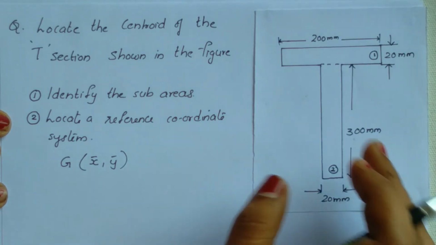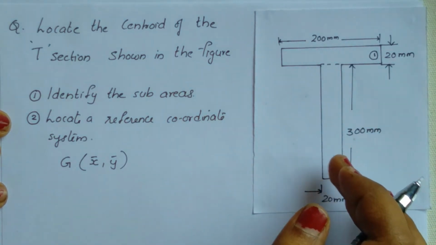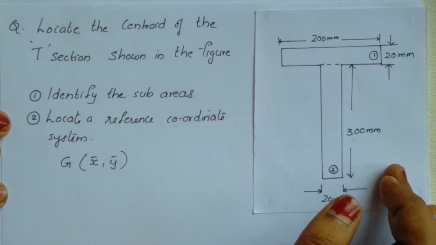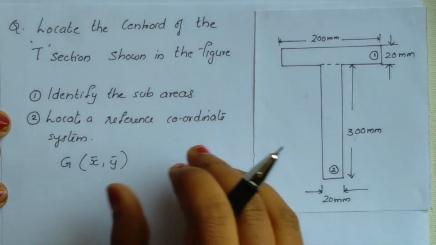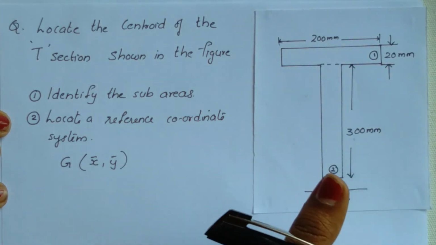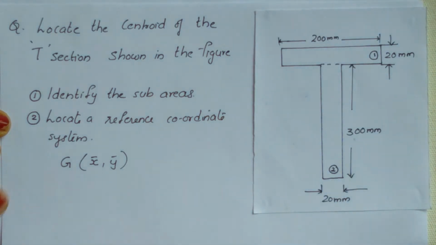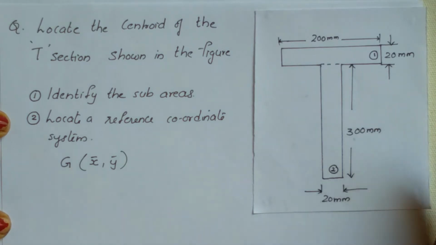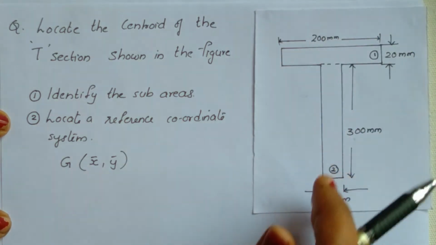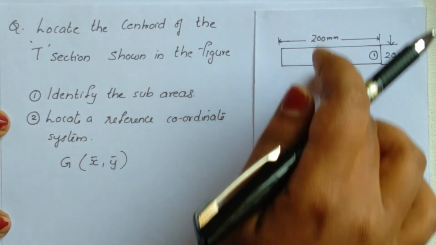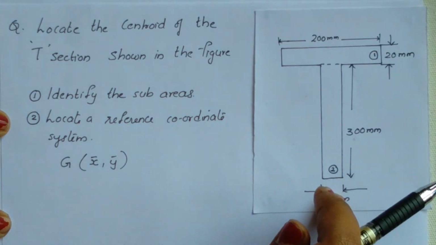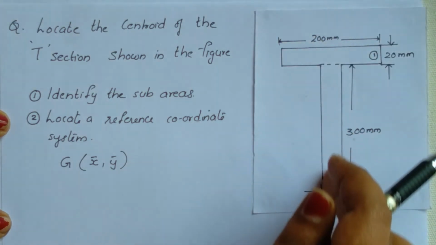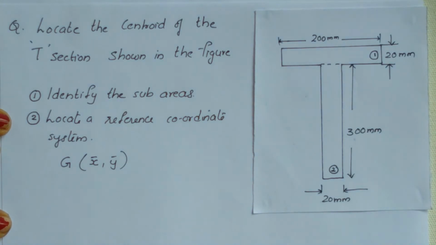If this figure has an axis of symmetry, then definitely this reference axis should pass through that axis of symmetry. In this T section, we can divide the T section into two symmetrical halves along this vertical axis. So let us choose this vertical axis as the y-axis.